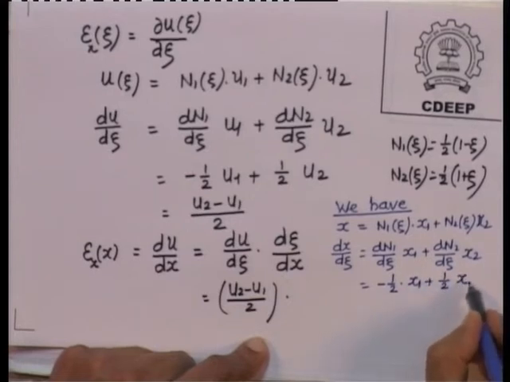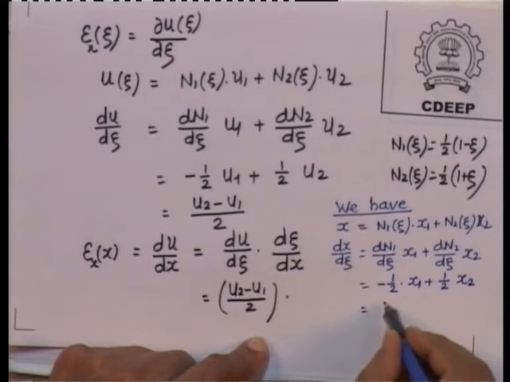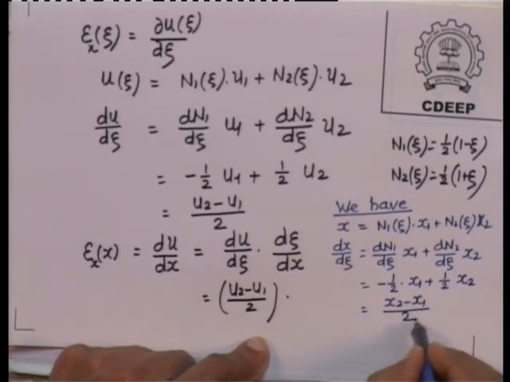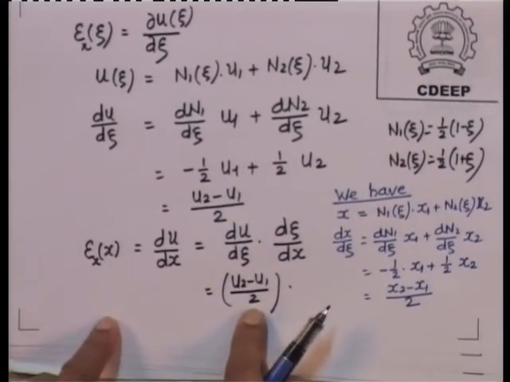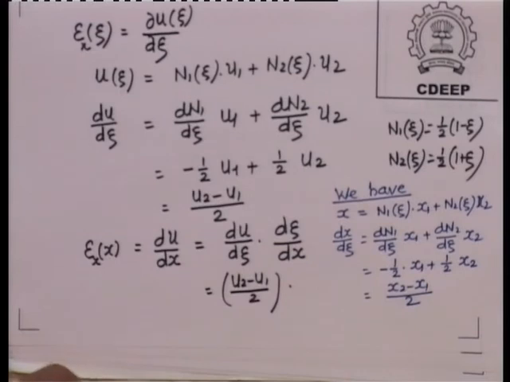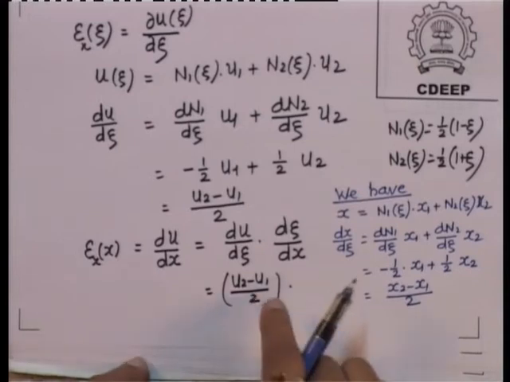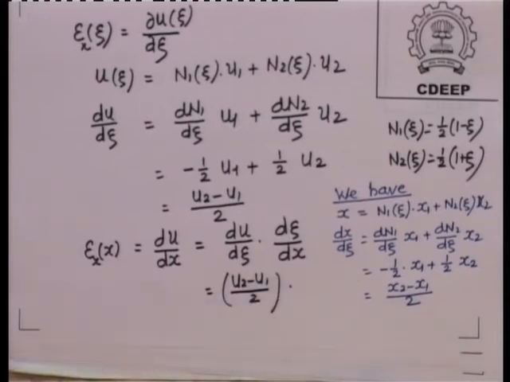This is equal to minus, just now we have done this, x1 plus 1/2 x2, and that is equal to x2 minus x1 by 2. Similar form: du by dx is u2 minus u1 by 2, this one is x2 minus x1 by 2.